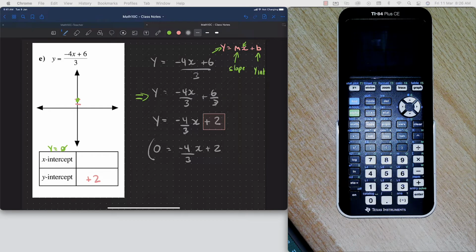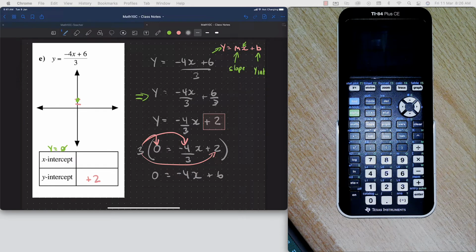So I'm just going to take everything and multiply it by 3. So 0 times 3 gives me 0. Then I have negative 4 over 3 times 3 is just going to give me a value of negative 4. And the x needs to stay there. And this last one, which is 3 times the positive 2, is going to be a positive 6.